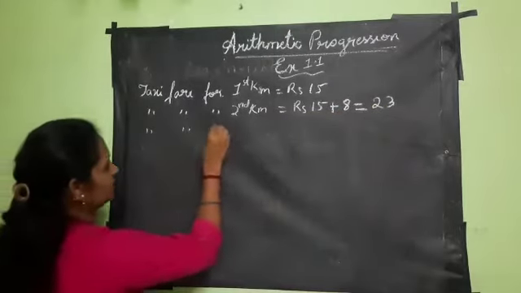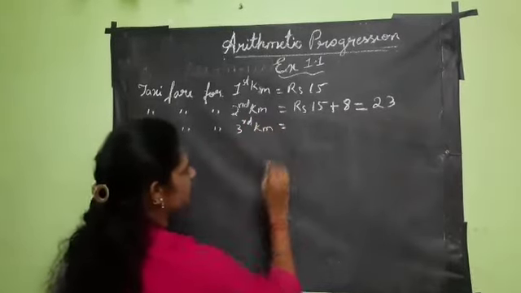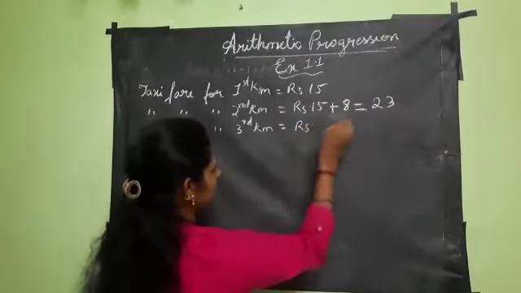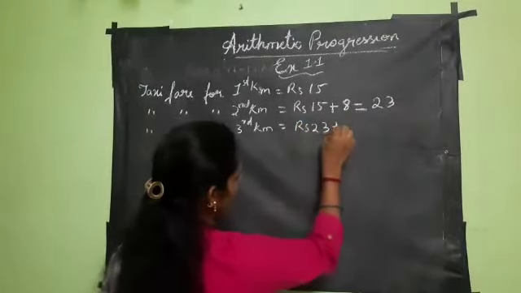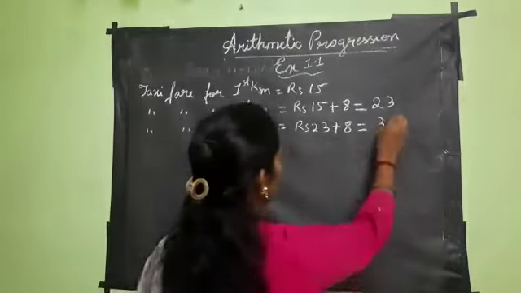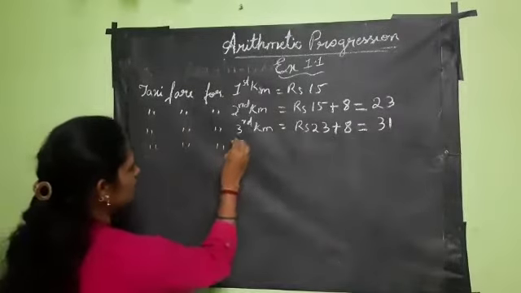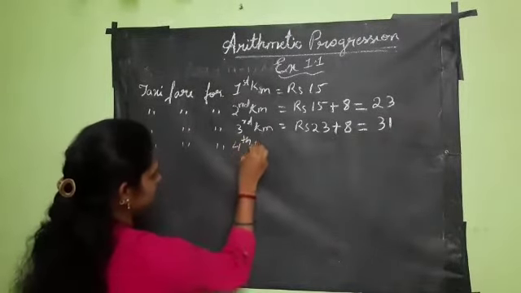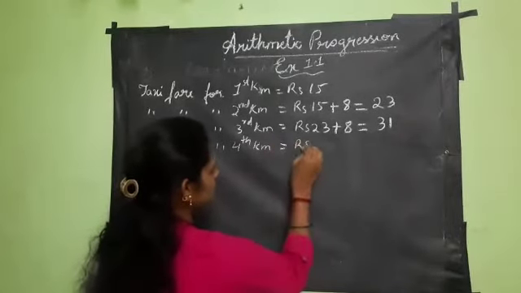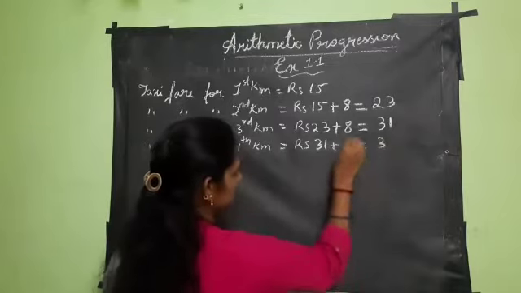Taxi fare for third kilometer, that is rupees, now it will be 23 plus 8, 31. Taxi fare for fourth kilometer is equal to rupees 31 plus 8, that is 39.